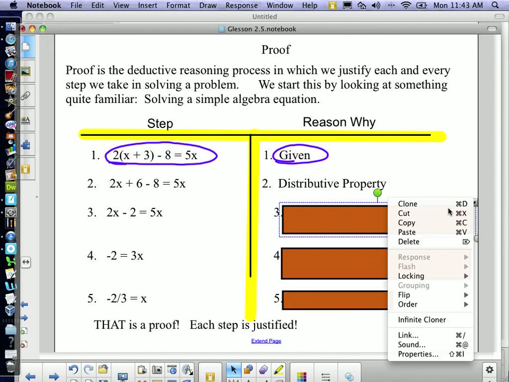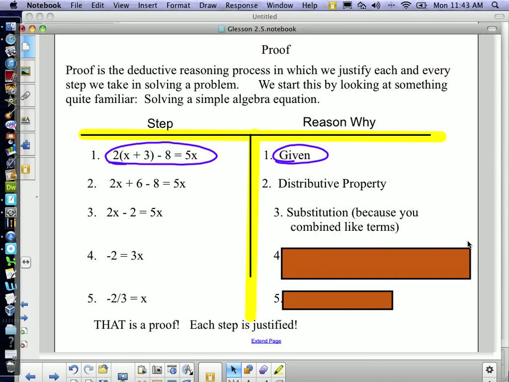Good job. Combining like terms is the substitution property because I'm working just on one side. I didn't do it to both sides of the equation. I didn't add 8 to both sides or anything like that, did I? I just combined the positive 6 and the negative 8 into the negative 2. That's combining like terms. That's substitution.